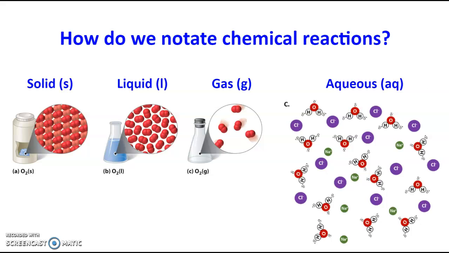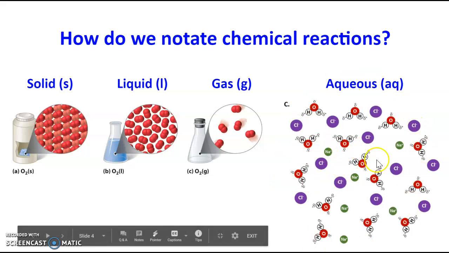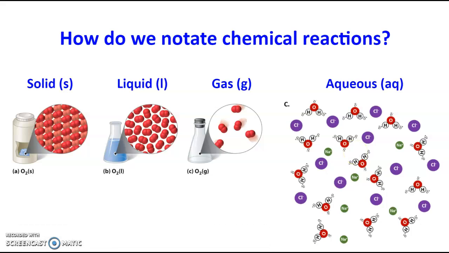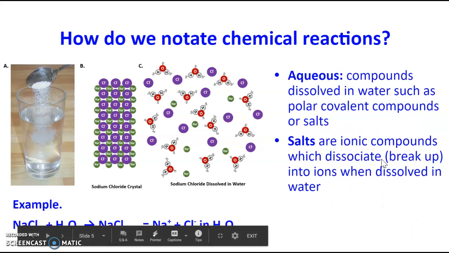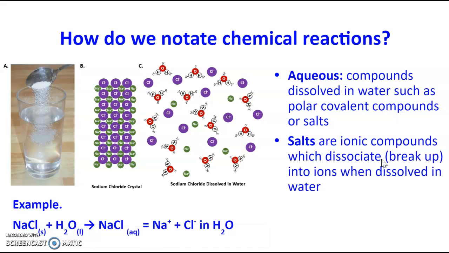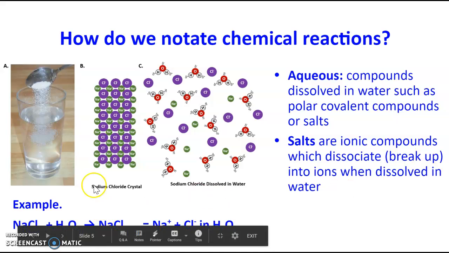So this example is showing chlorine ions and sodium ions dissolved in water. So this to our eye would look just exactly like normal liquid water that's pure, but there's actually all these ions dissolved in it. So a little more detail on that.